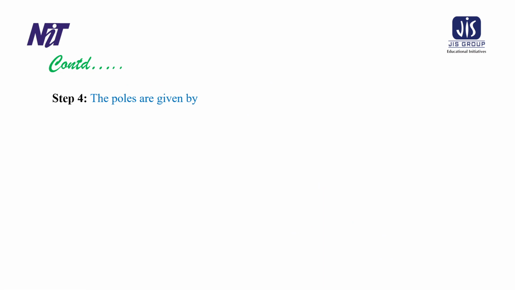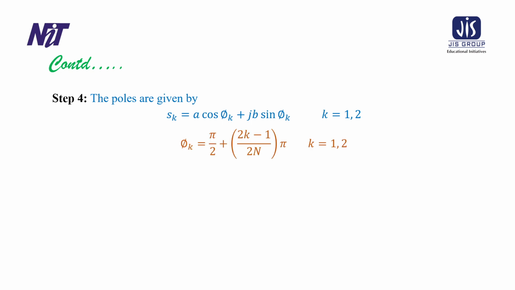The poles are given by the equation s k equals a cos phi k plus j b sin phi k, k equals 1, 2, and phi k equals pi by 2 plus 2k minus 1 divided by 2n into pi. Now for k equals 1, phi 1 equals, putting k equals 1 and n equals 2, pi by 2 plus pi by 4, because 2 into 1 is 2 minus 1 is 1, over 2 into 2, that is 4.